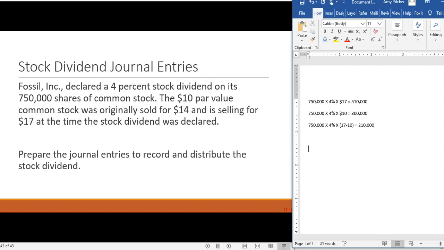So on the declaration date, we're going to record a journal entry to declare the stock dividend. We take the total amount from retained earnings. So we're going to debit retained earnings for $510,000. Then we're going to credit our stock dividend to be distributed.